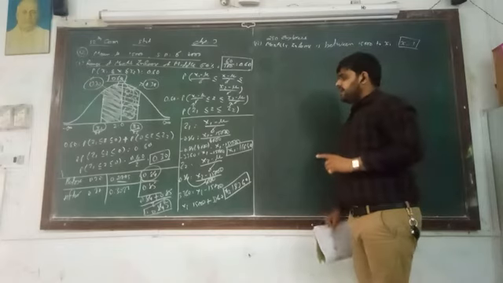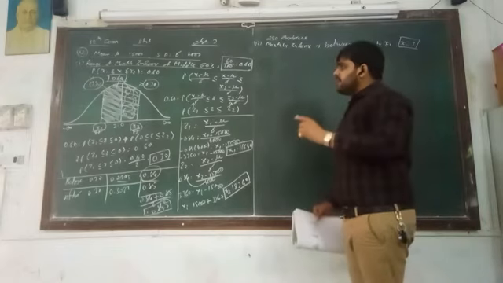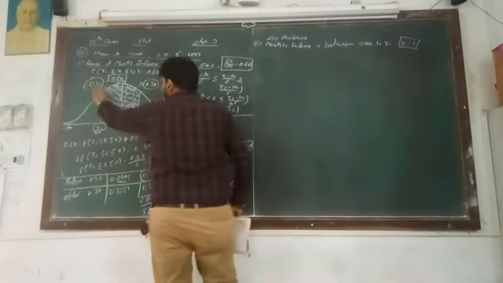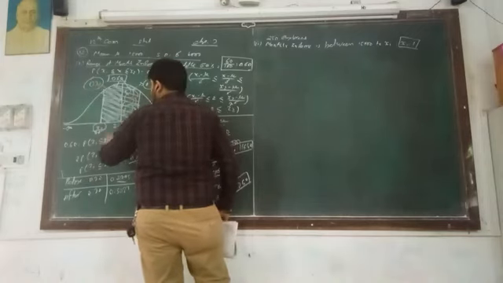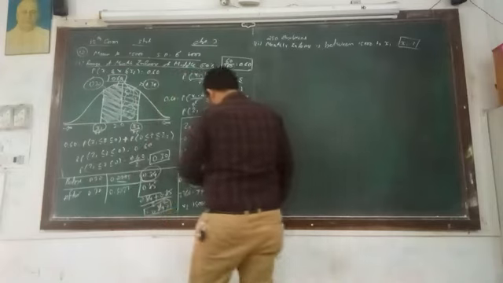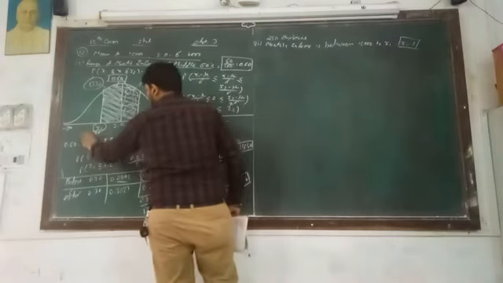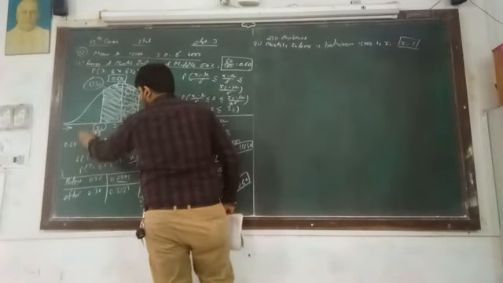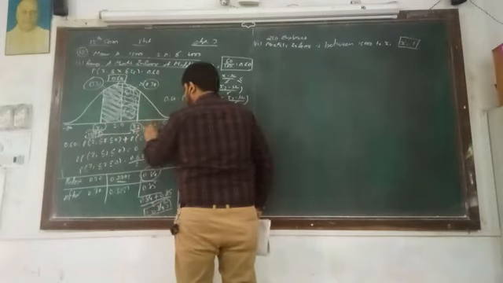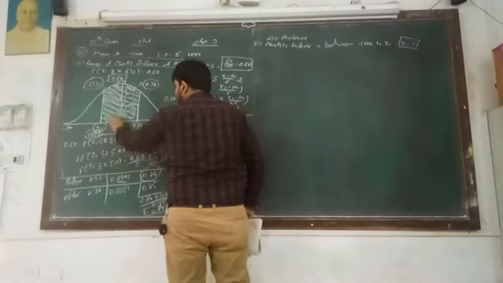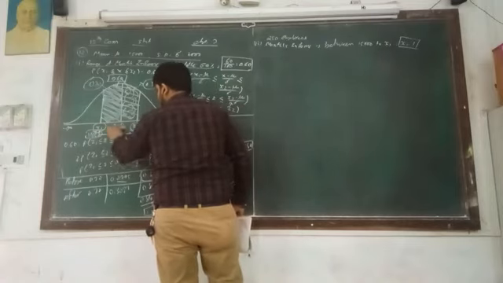So in this way we can say that the middle 60% salary was 11,640 to 18,360, when the mean is 15,000.